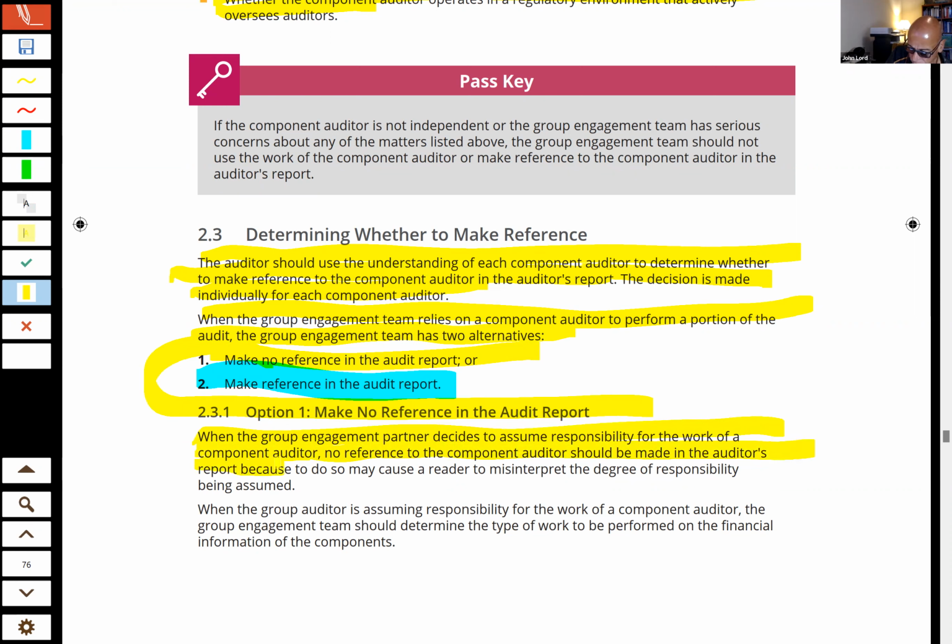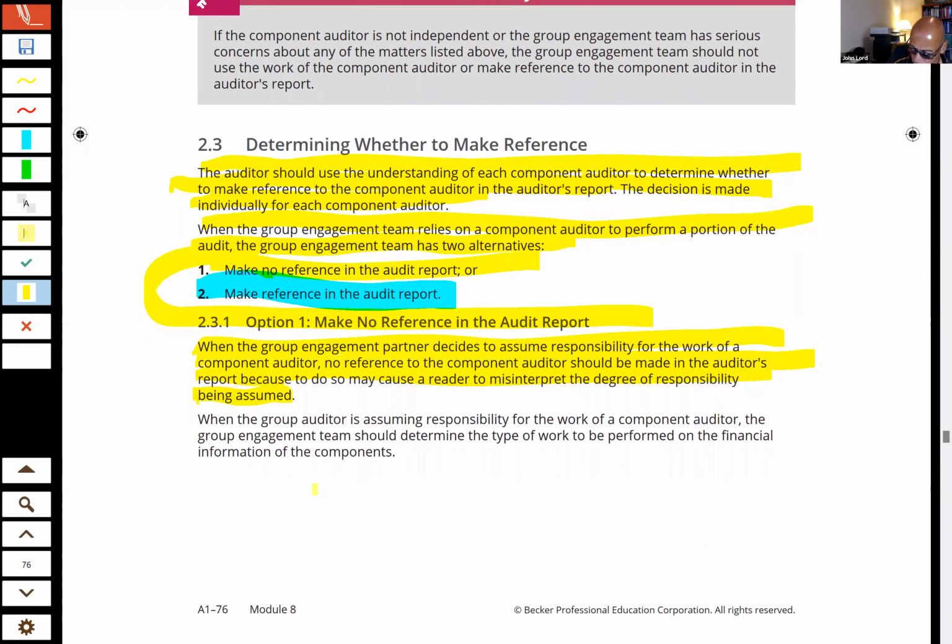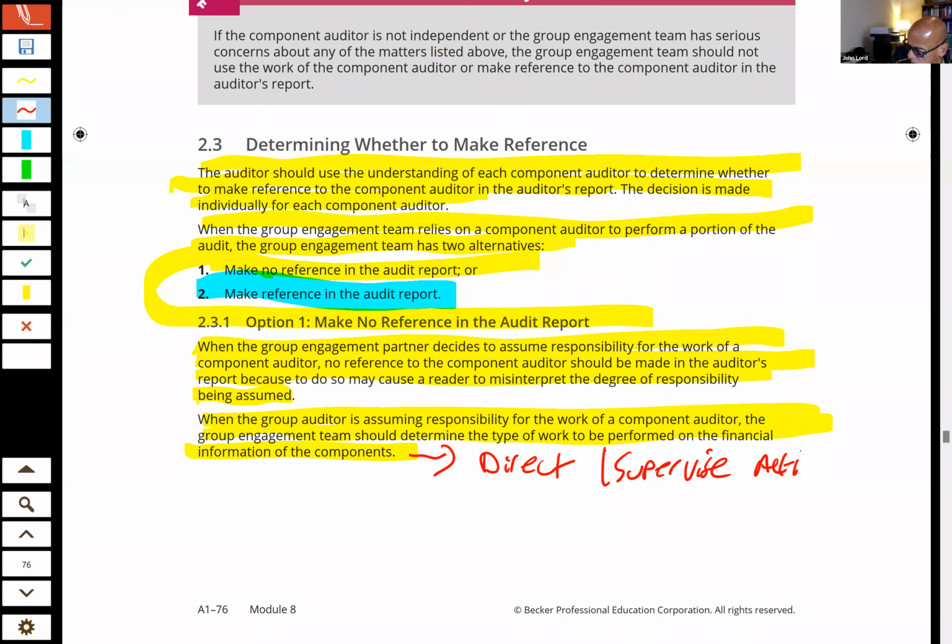When the group auditor is assuming responsibility for the work of the component auditor, the group team should determine the type of work to be performed on the financial statement information of the components. In other words, direct and supervise the activities of component auditors.